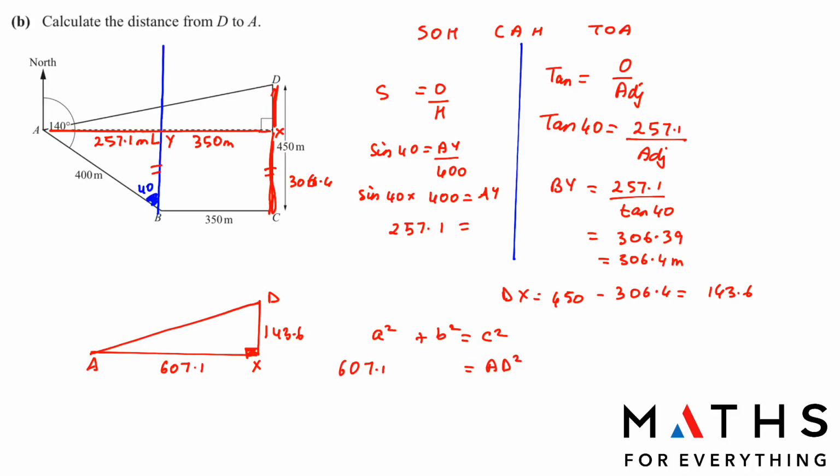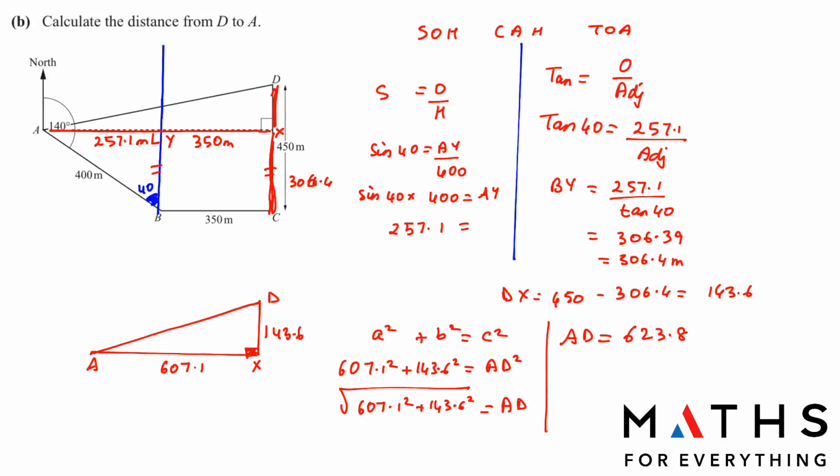So 607.1 squared plus 143.6 squared. The whole answer we are going to square root. You can solve it individually or step by step, it's fine. And we found that AD is equal to 623.85. You can round it to 2 decimal places, 1 decimal place, or whole number. Meters. So I hope you have understood the question.